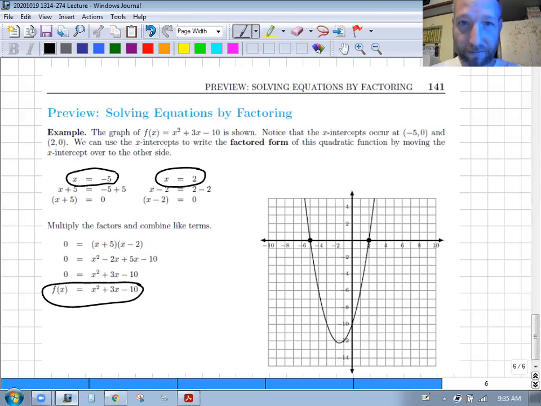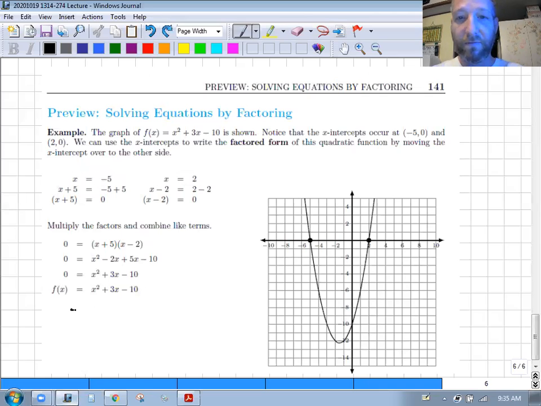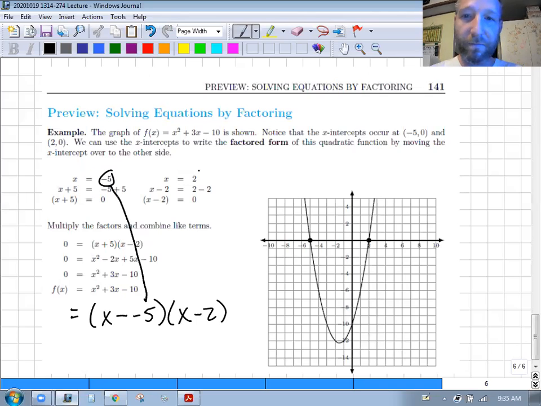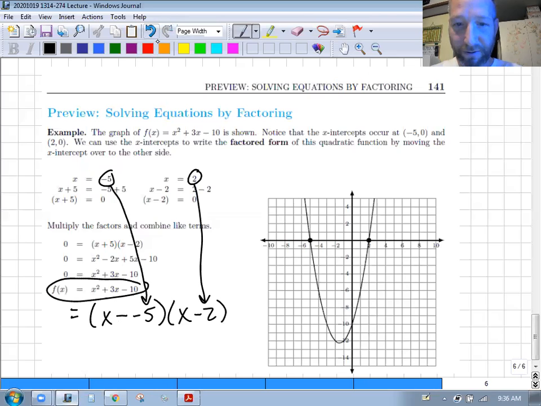Okay, so the factorization is going to be an x minus negative 5 and an x minus 2. All right, if you plug a 2 in, 2 minus 2 is 0. Remember, when you find the x-intercepts, you're setting f of x equal to 0 and solving for x.